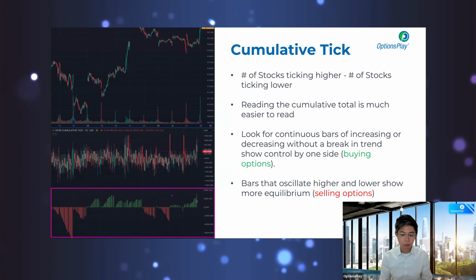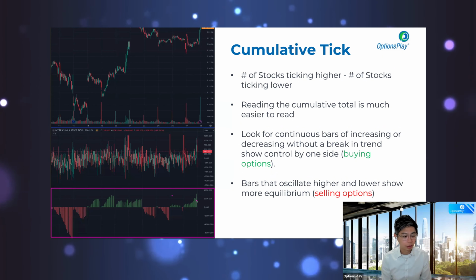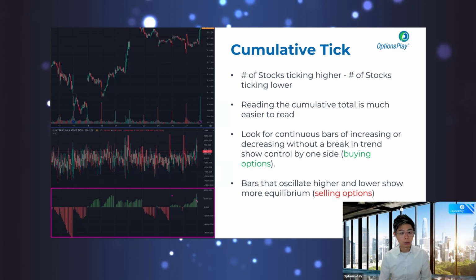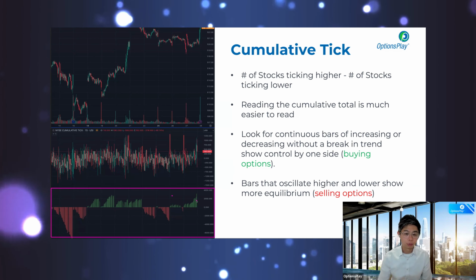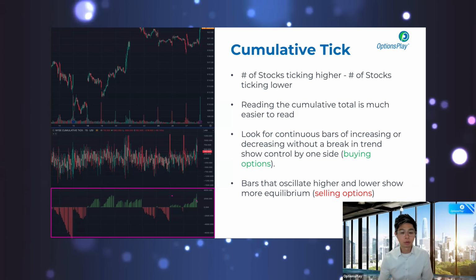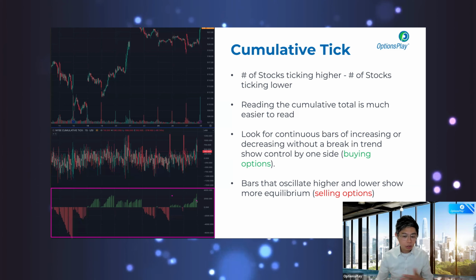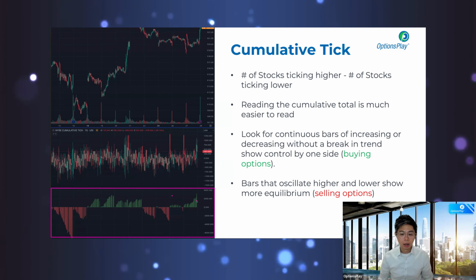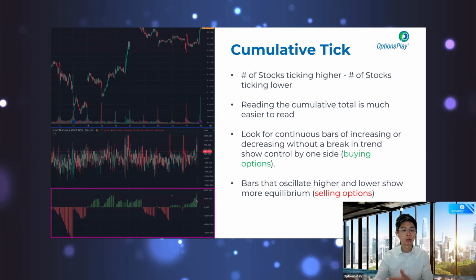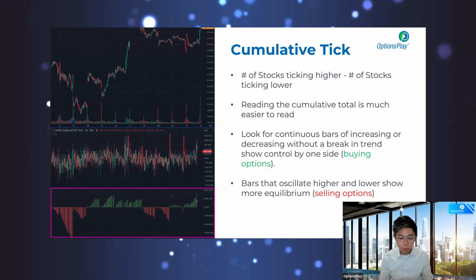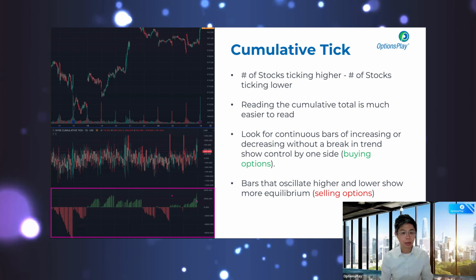So you start from 0 and you get a reading from the first hour or so. If you're looking at 15-minute bars, that's 4 data points. And what you're seeing is over those 4 data points, is it continuously trending in one direction or another, or is it just oscillating higher or lower? When you do get those continuous bars of increasing or decreasing values, that's when you see that buyers or sellers have control.